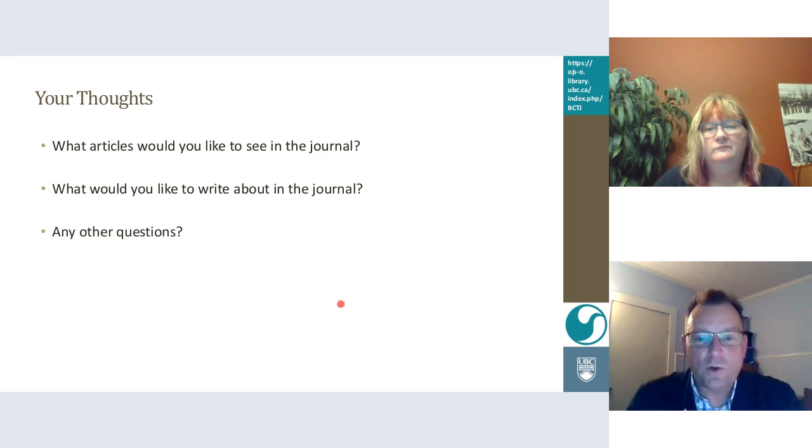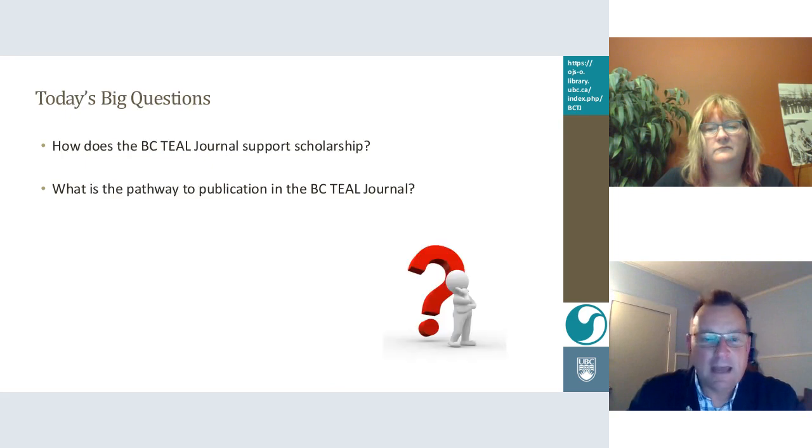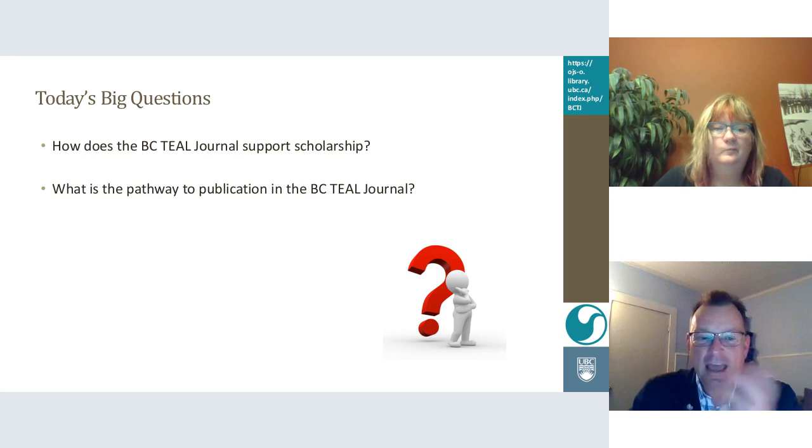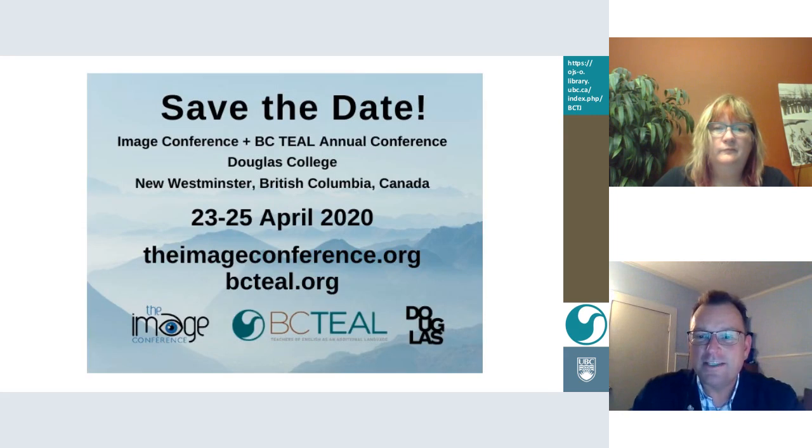If there's any other questions or comments, feel free to write something in the chat box, and I'll try and answer them as we're going. But today what we're trying to do is look at what the BCTEAL journal does to support scholarship and what the pathway is. And I hope we've answered those questions.